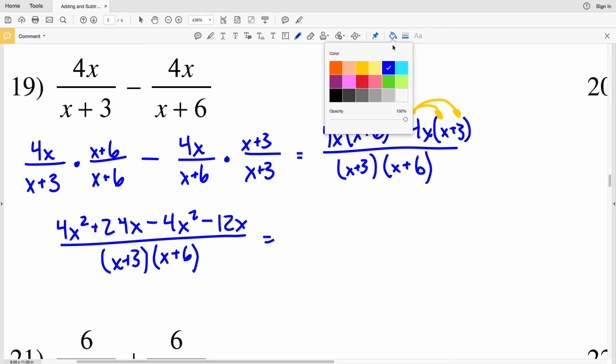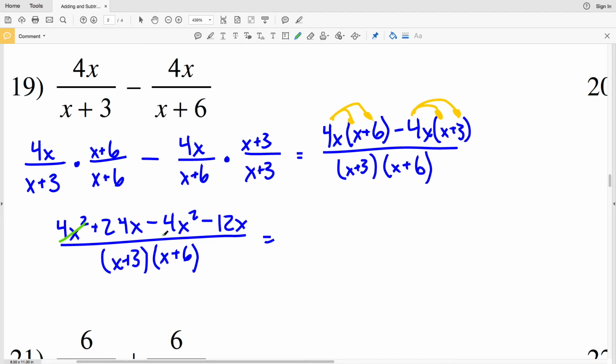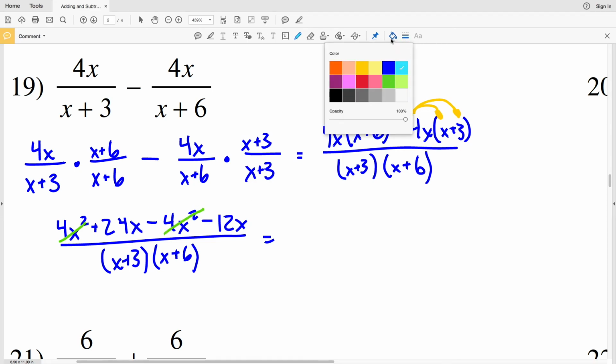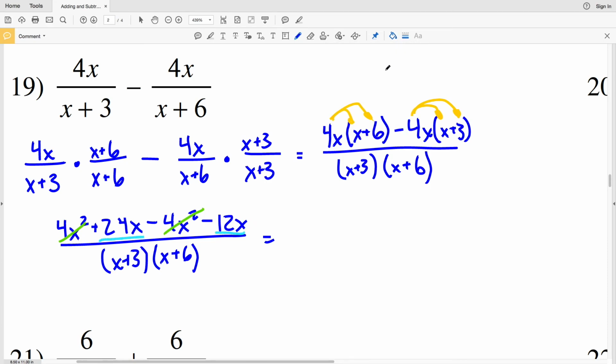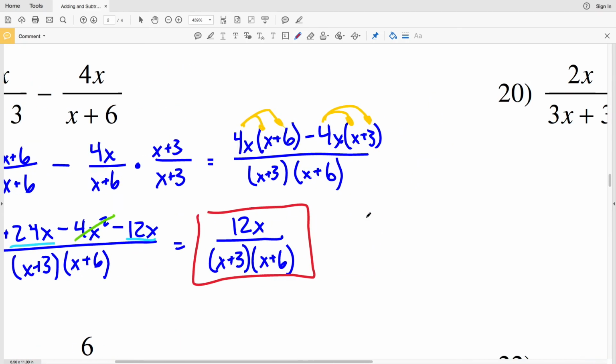So now combining my like terms in order to simplify, 4x squared will cancel out with 4x squared because 4x squared minus 4x squared is 0, and then I'll have 24x and I'm subtracting 12x, so I'll have positive 12x over x plus 3 times x plus 6. That is my solution in number 19.